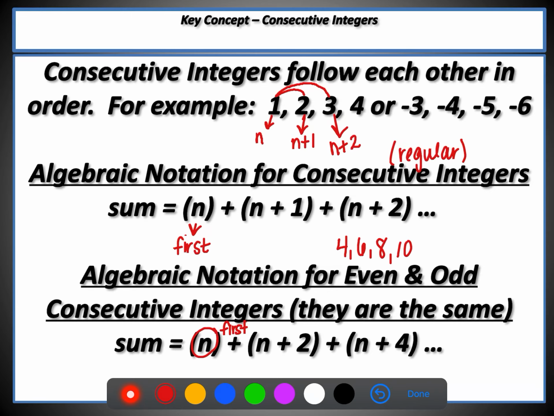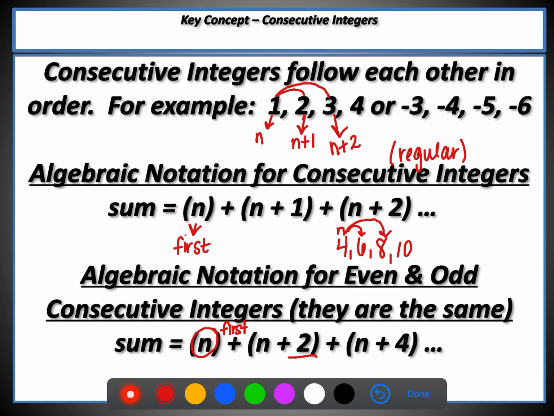If 4 is my n, how do I get to 6? I add 2, because I'm skipping 2 places in line. How do I get from 4 to 8? It would be n plus 4. You have to skip 4 places to get to that next even number.